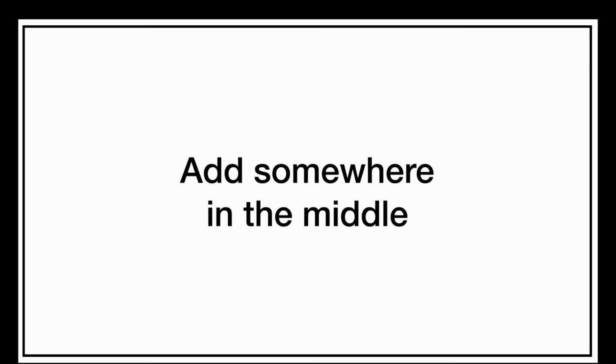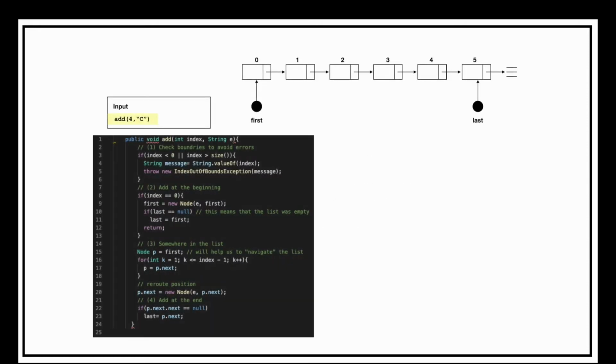What happens if we add somewhere in the middle of the list? In this case, suppose we want to add at position 4 the value C. Again, we're going to invoke this method and we check for the boundaries. We already talked about this, therefore we're going to skip this condition. The second case is in case we're adding at position 0, which is not the case, so we're going to skip.